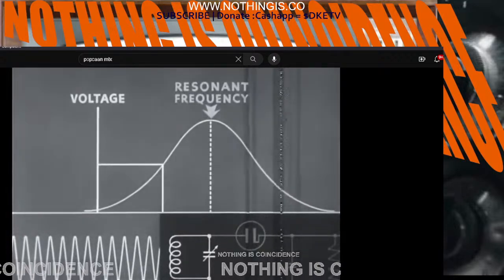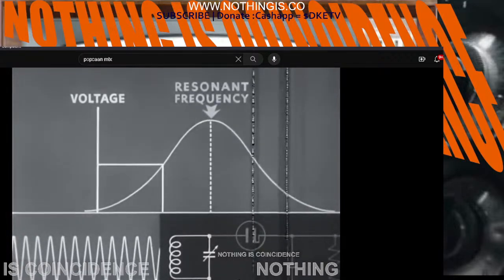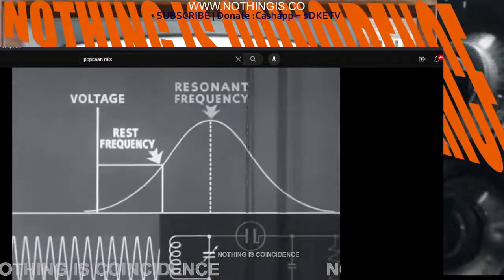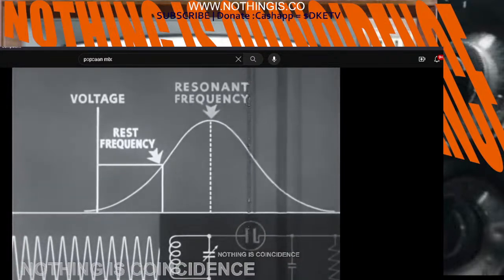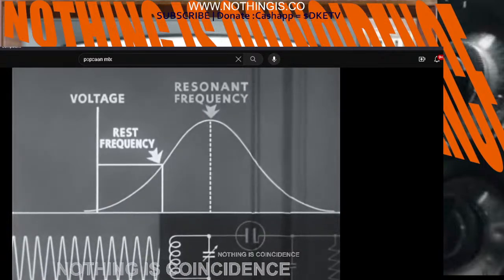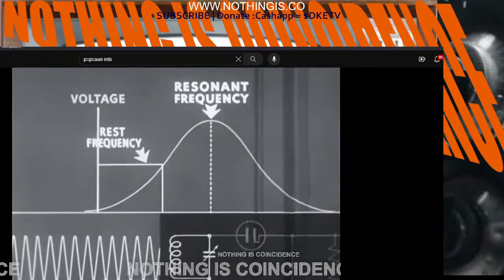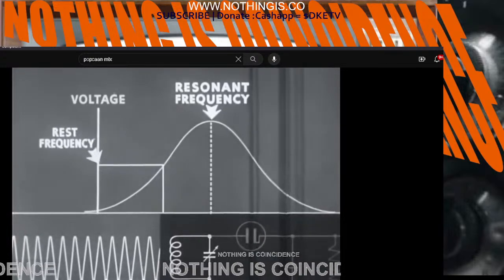But now, watch what happens as the frequency of an FM wave, with its rest frequency here, gets closer to the resonant frequency of the discriminator. Now don't forget, here's the resonant frequency of the discriminator, and here's the voltage at the rest frequency of our FM wave.